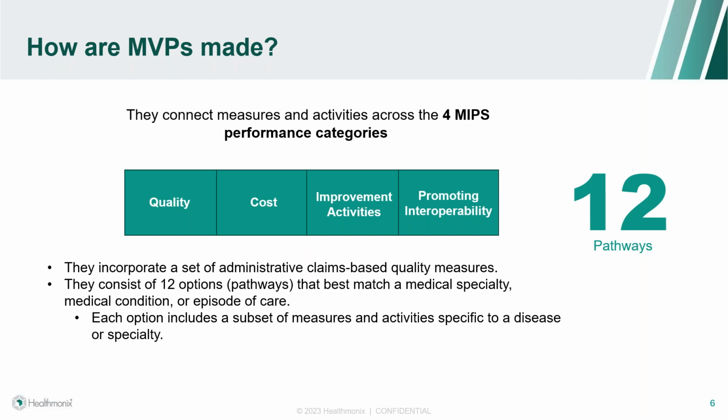They do incorporate a set of administrative claims-based quality measures, as well as those eCQM and CQM measures, and they also include promoting interoperability, with the same exact measures as before, as with MIPS.